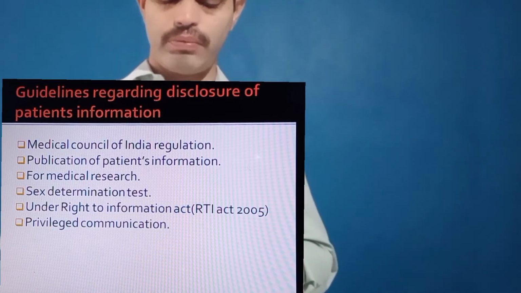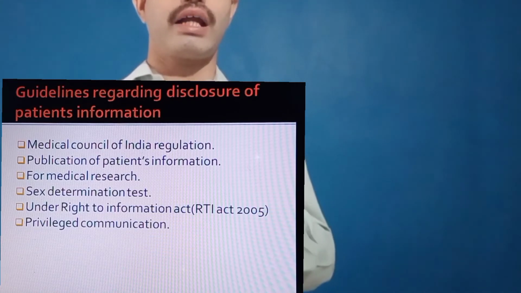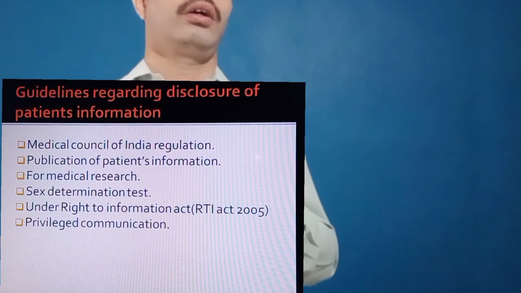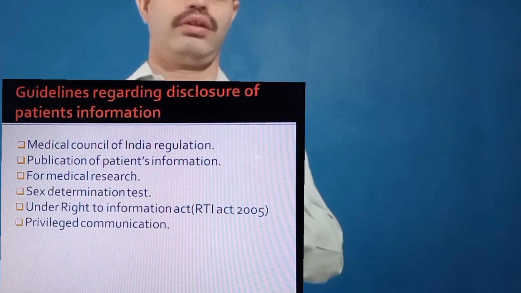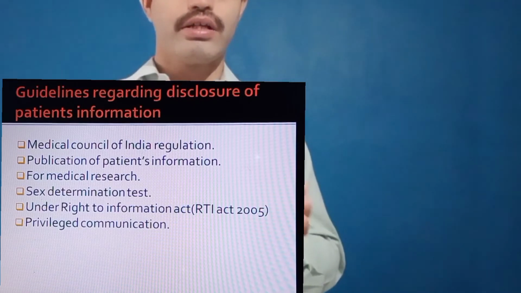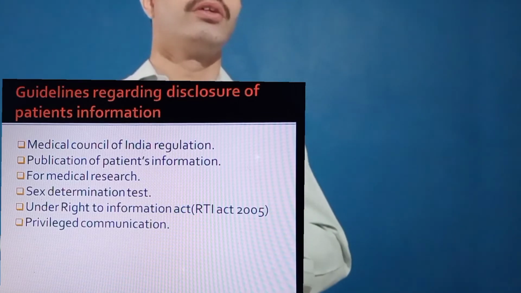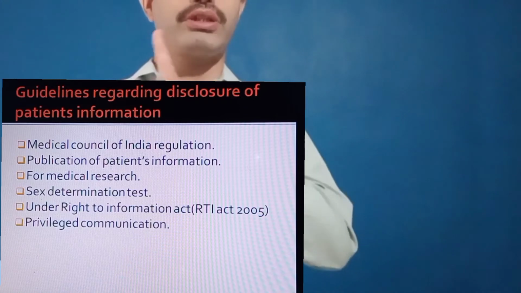The next very interesting point is the right to information. Very often the questions are asked whether the information should be revealed or disclosed under the Right to Information Act. Here I would like to discuss in detail. So the first thing is by whom the information has been asked.